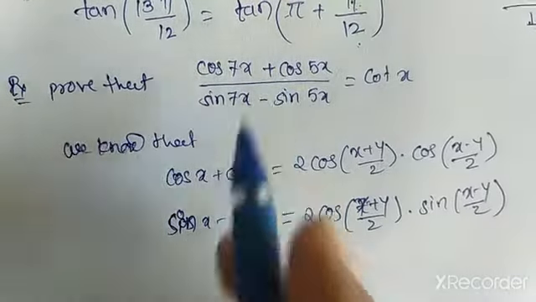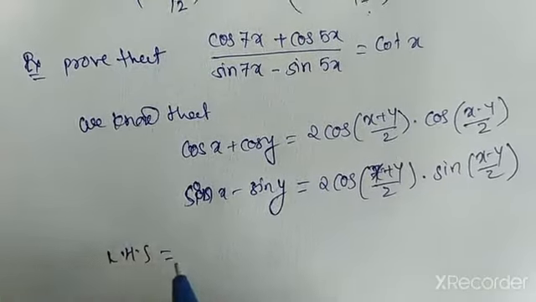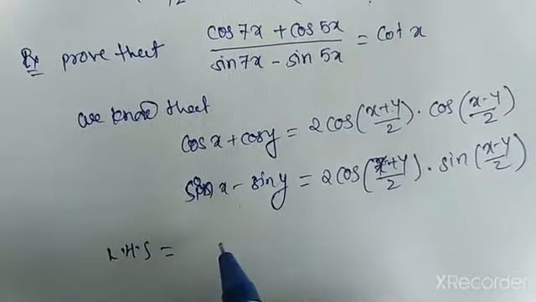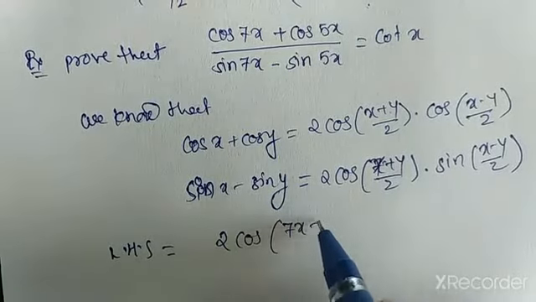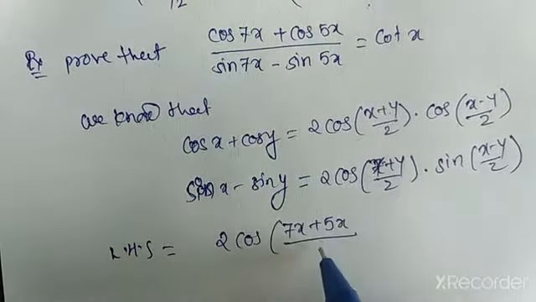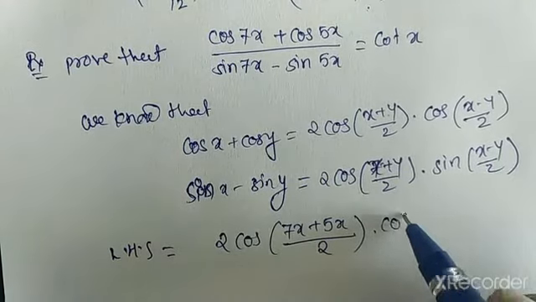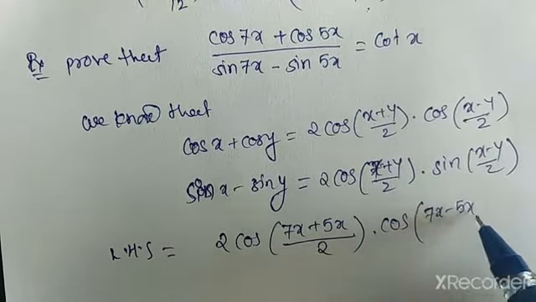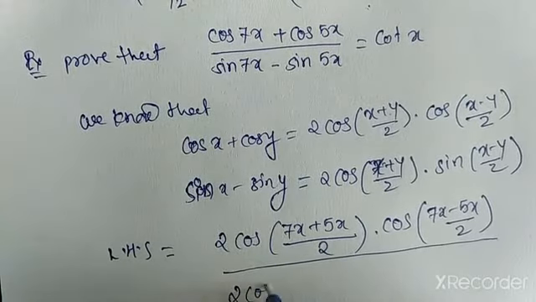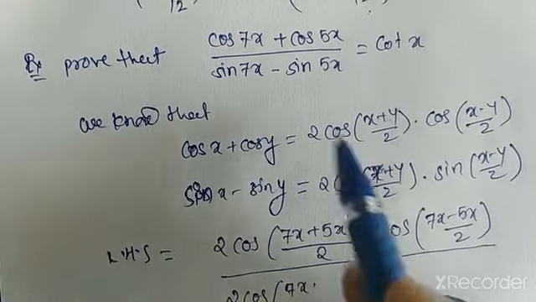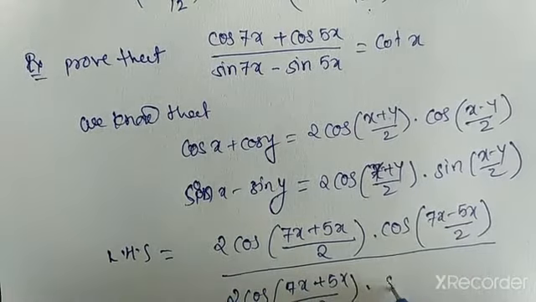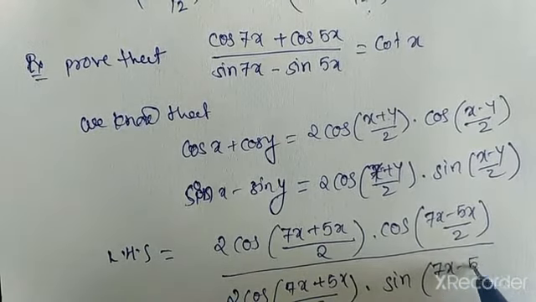So we put in the LHS: the numerator can be written with x as 7x and y as 5x, so twice cos of 7x plus 5x divided by 2 into cos of 7x minus 5x divided by 2, totally divided by twice cos of 7x plus 5x upon 2 into sin of 7x minus 5x upon 2.